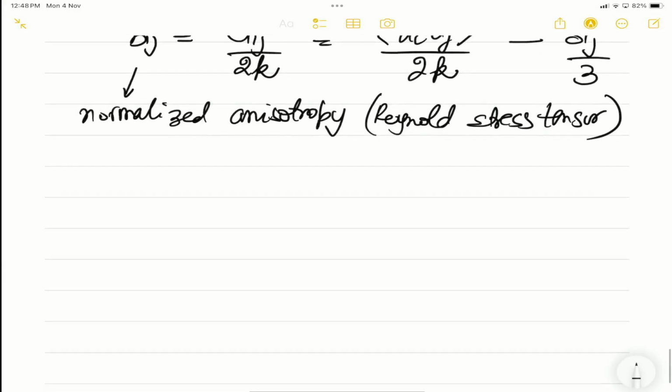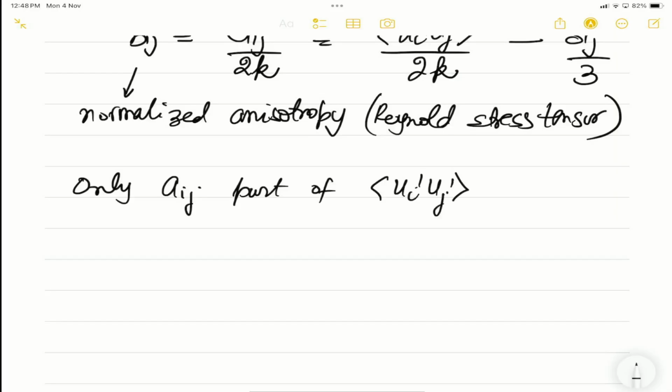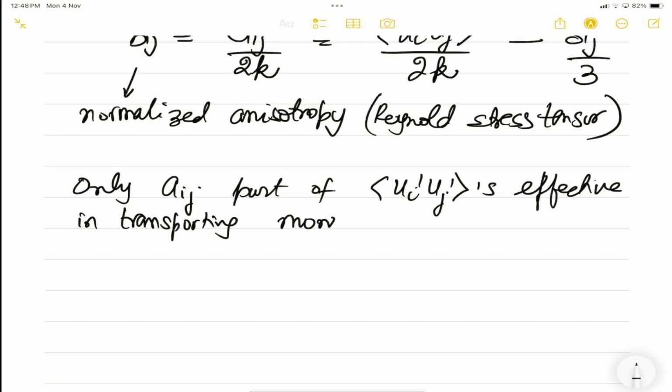Now what one can show is that only the Aij part of ui prime uj prime is effective in transporting momentum.